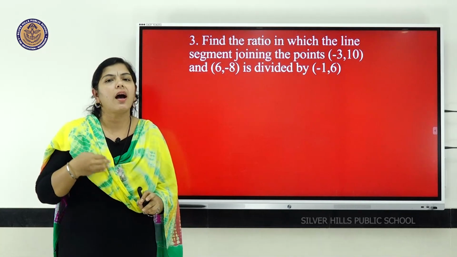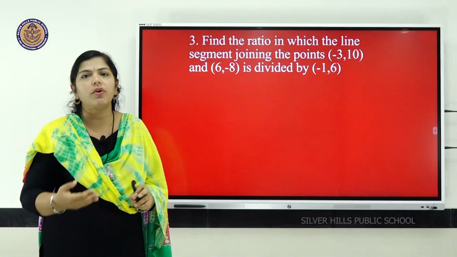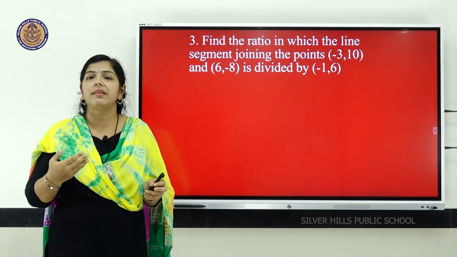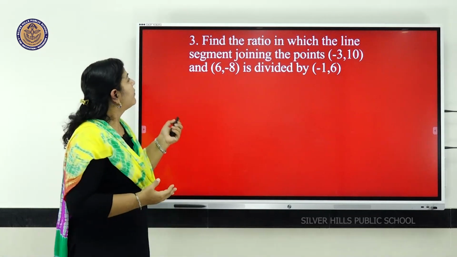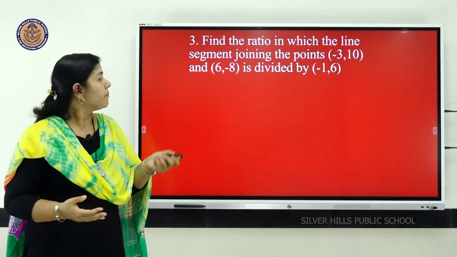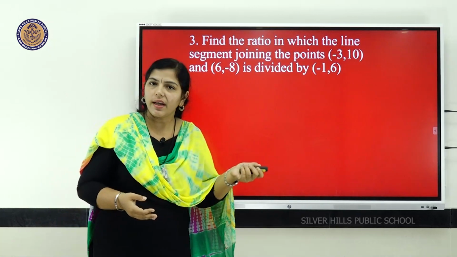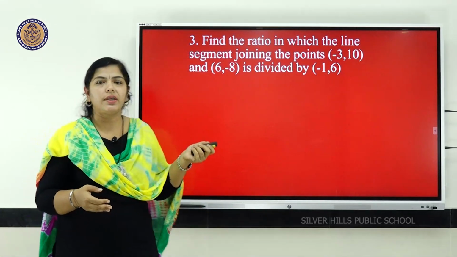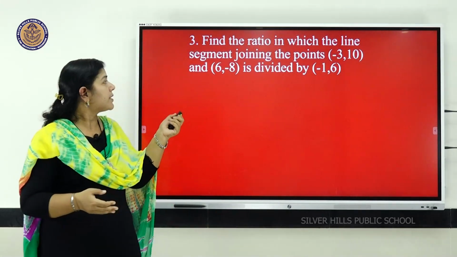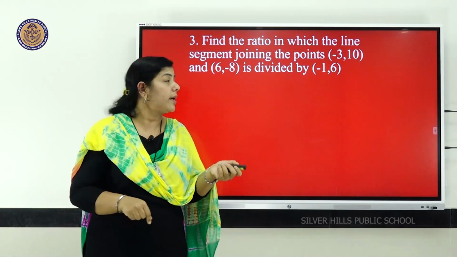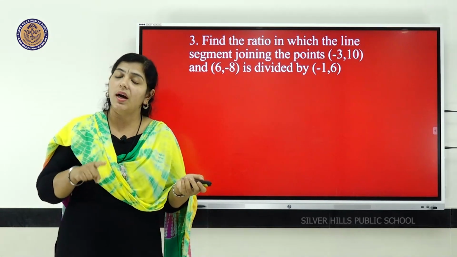Okay. Let us see how to find the ratio in which this line segment is divided. Find the ratio in which the line segment joining the points minus 3, 10 and 6, minus 8 is divided by minus 1, 6.